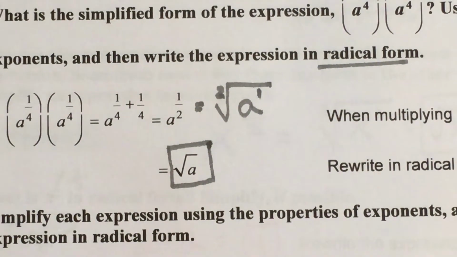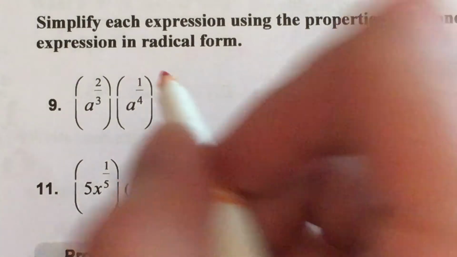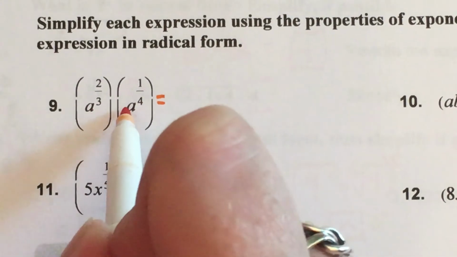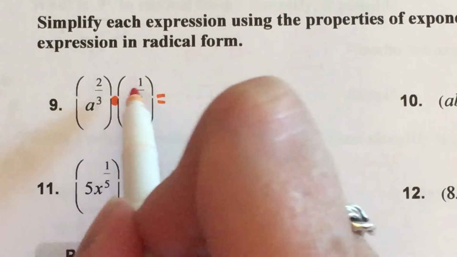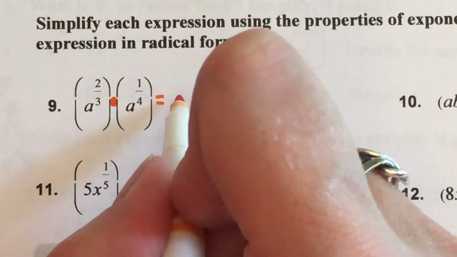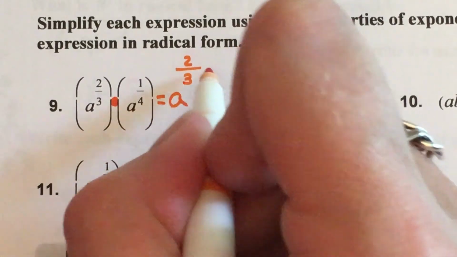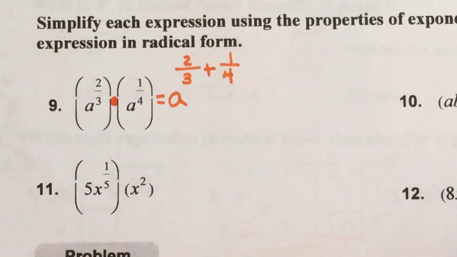Let's try number 9 together. So I have the same base multiplying together. What do we do with the exponents? Add them. A to the 2/3 plus 1/4.